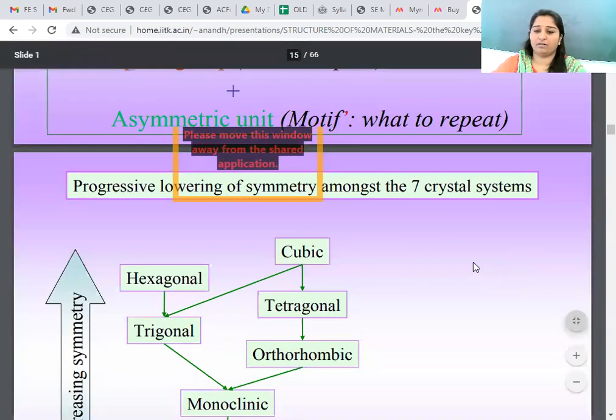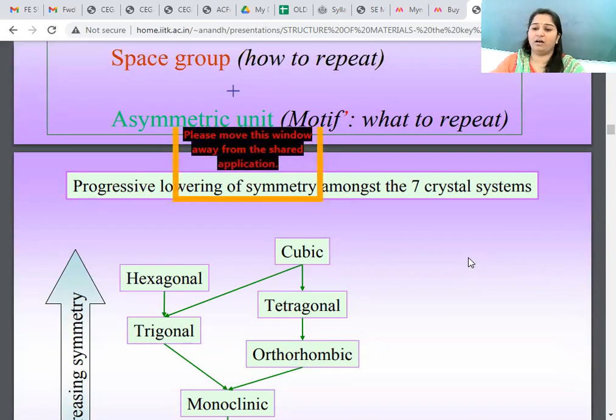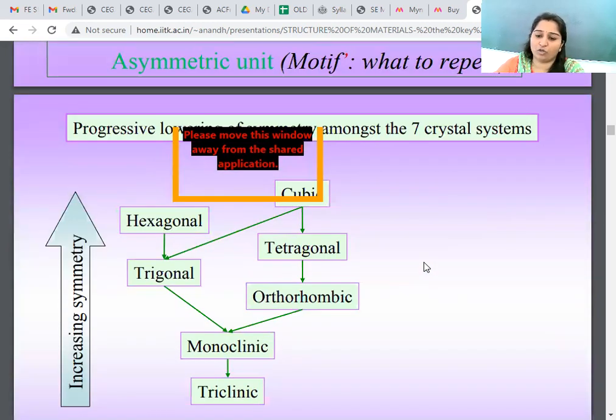Now, with progressive lowering of symmetry, there are 7 systems for crystal structures. First is cubic, then tetragonal, orthorhombic, monoclinic, triclinic, then trigonal and hexagonal.